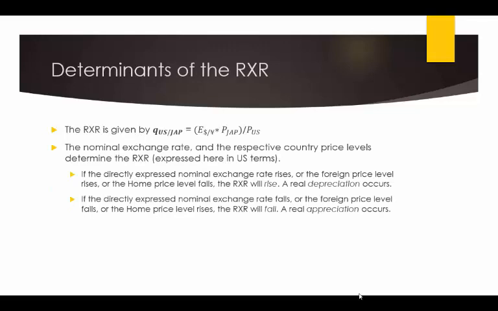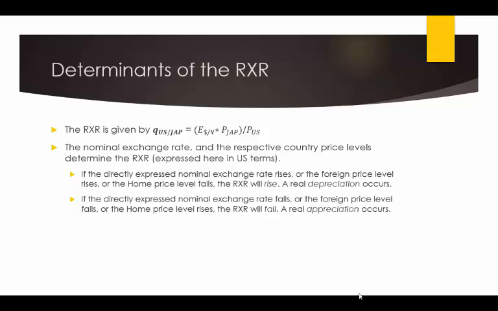Given the expression for the US-Japanese real exchange rate as the product of the nominal dollar-yen exchange rate and the Japanese price level divided by the US price level, the determinants of the real exchange rate can be seen in general. The nominal exchange rate and the two countries' price levels determine the real exchange rate.